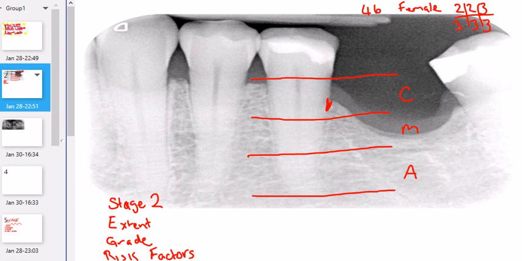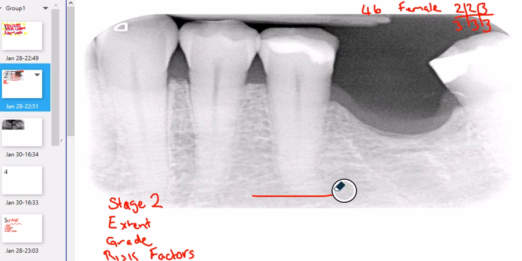So let's get rid of this to move on to the next bit. Now we're looking at the extent of the disease. When this patient came in, they've had initial therapy, and the only area that's remaining after initial therapy is this one area here. Everything else has resolved to effectively code 2s. So we're looking at one affected area.